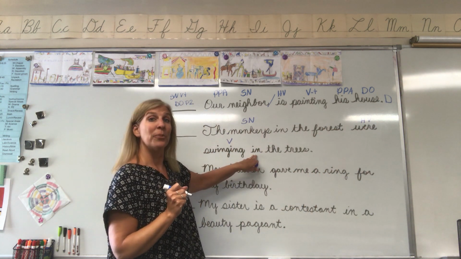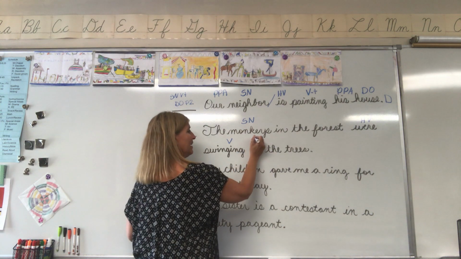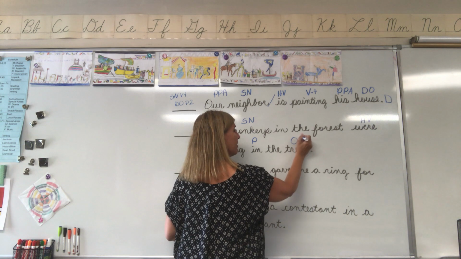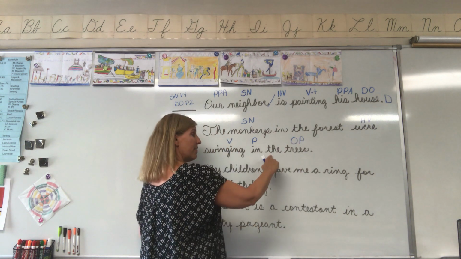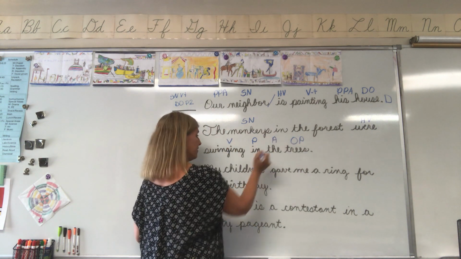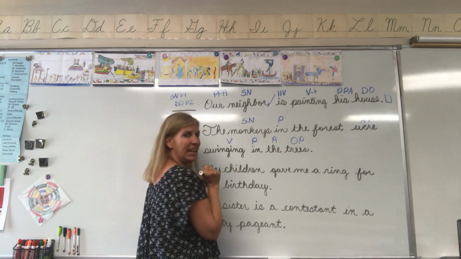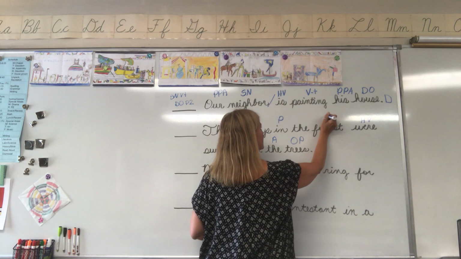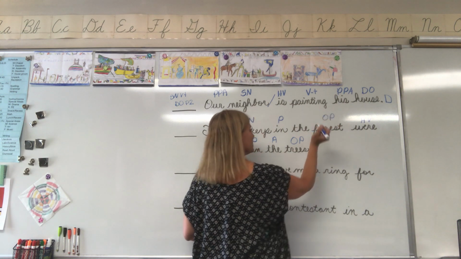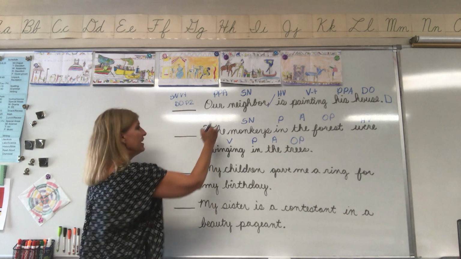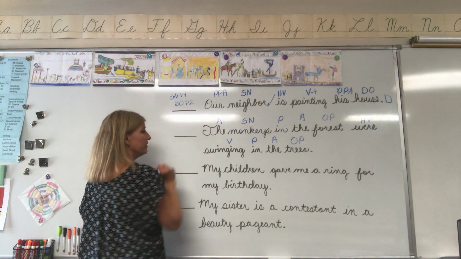In, preposition. In what? Trees, object of the preposition. The, article adjective. In, preposition. In what? Forest, object of the preposition. The, article adjective. The, article adjective.